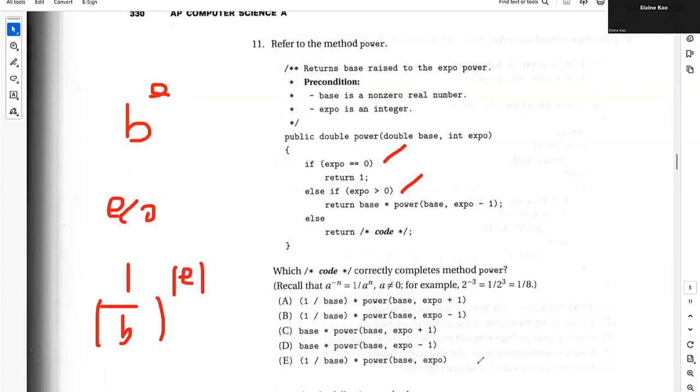So which one is it? I think A would work the best. In this one, E is negative and it becomes more negative, so it won't stop, right? So E never stops.